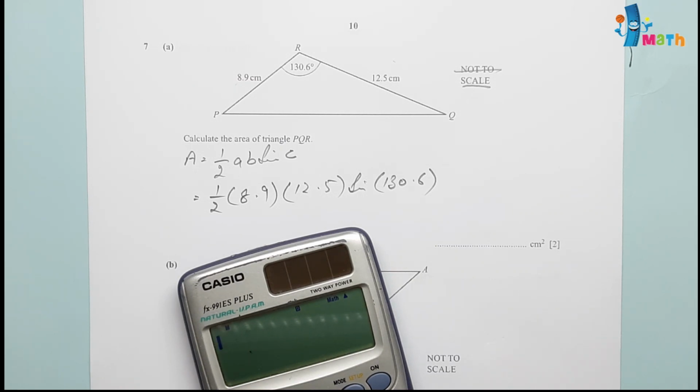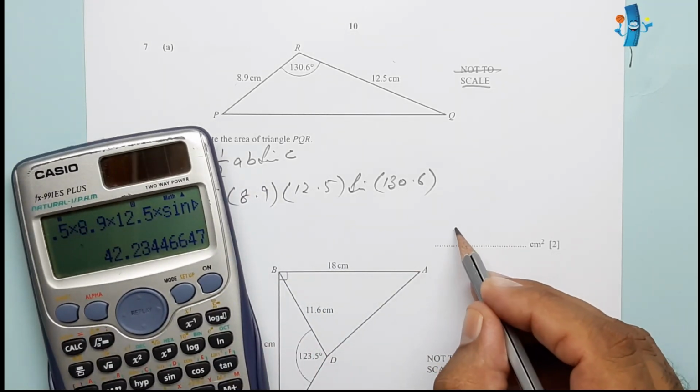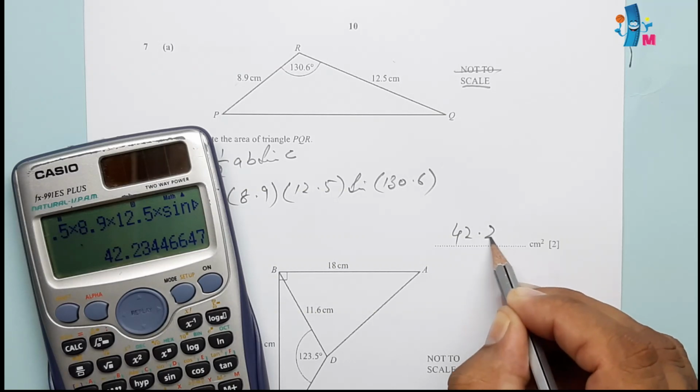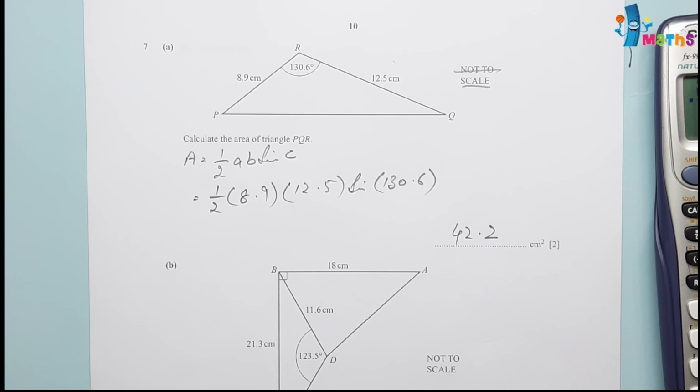So 1 by 2, which is 0.5, multiply by 8.9, multiply by 12.5, and multiply by sine of angle 130.6. So this will be equal to 42.23. So we will write here 42.2 centimeter cube.